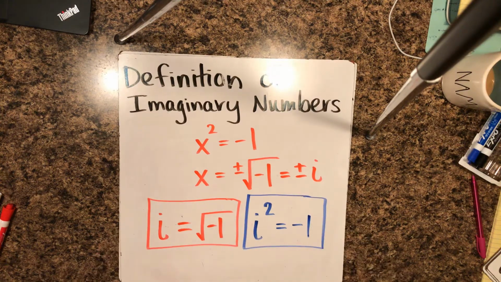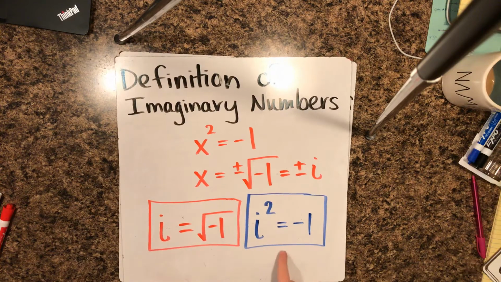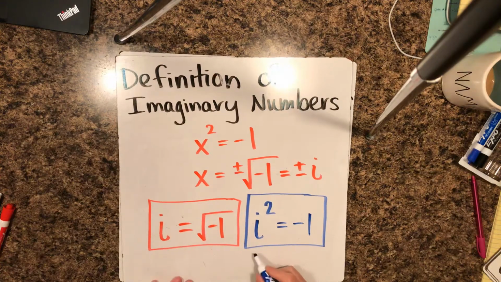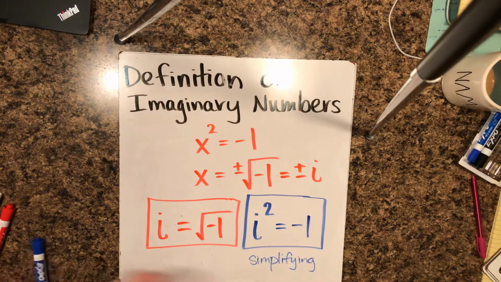Okay, i squared is always equal to negative 1. i is equal to the square root of negative 1. These two things are very related. This one will help you when it comes to simplifying. If you're trying to simplify an expression that has something higher than an exponent of 1, you're going to want to remember this fact.